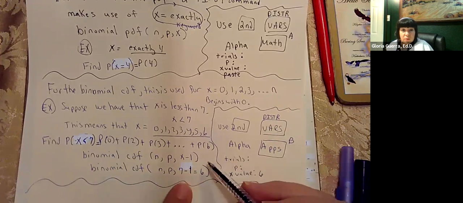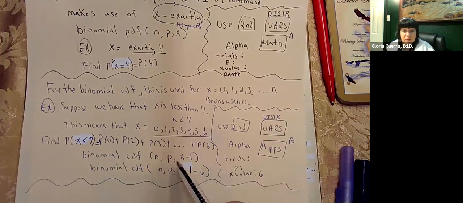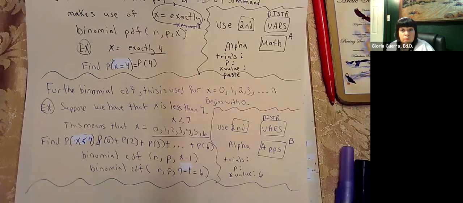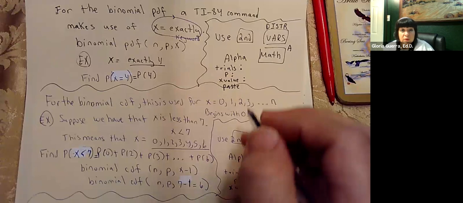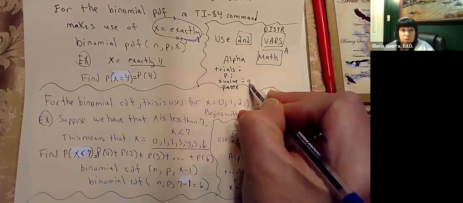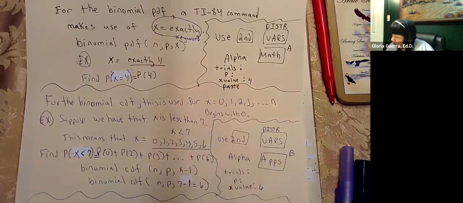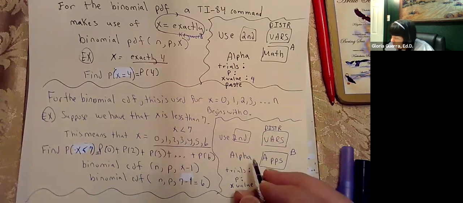Because you see in the formula, it's n, p, x minus 1. That's how it defines it. So x is 6. Okay. And here on this one, the x value was just 4. Exactly 4. So for this one, it was 4. Okay. All right.